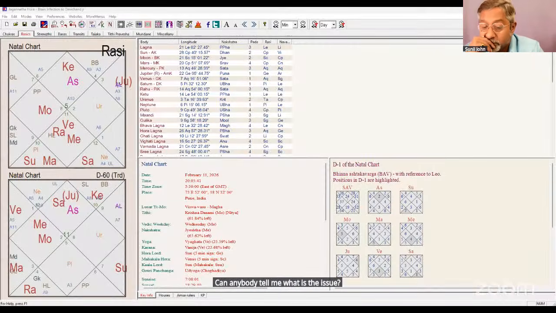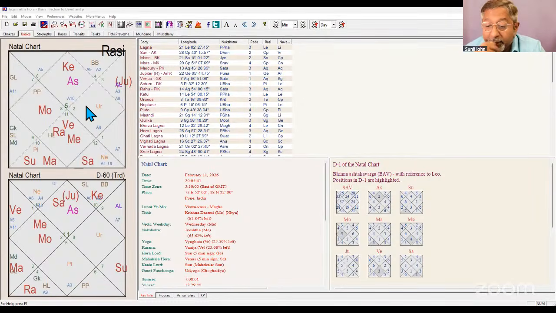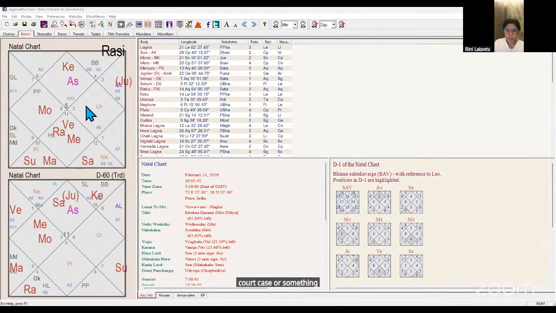I'll just quickly share something. Can anybody tell me what is the issue? It has happened just now, 15 minutes back. Quickly, come on. Court case or something related to property?